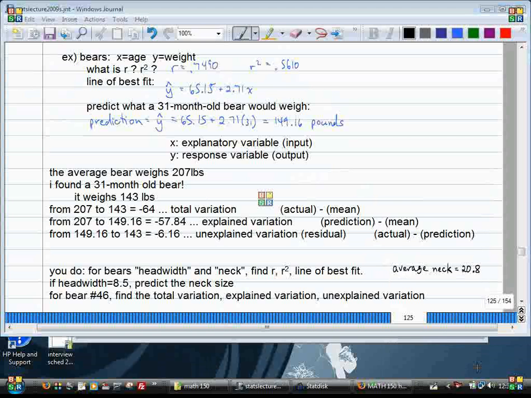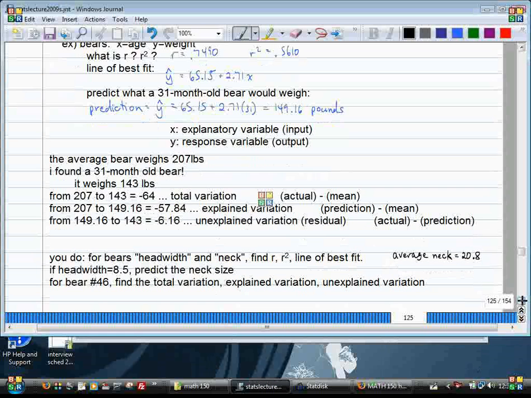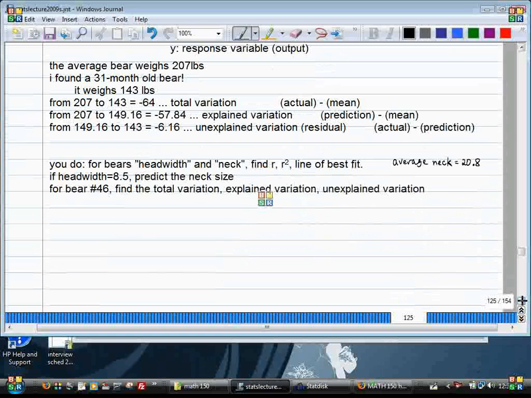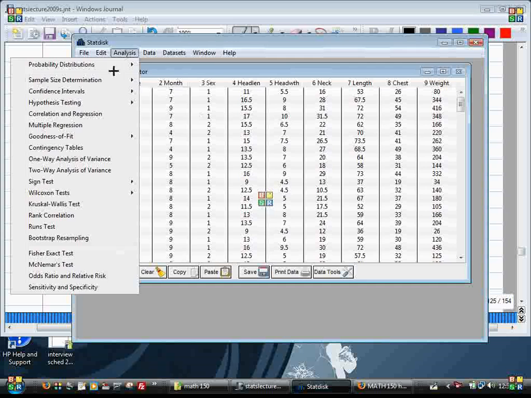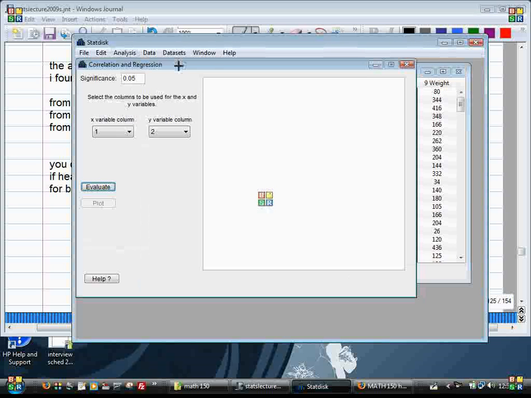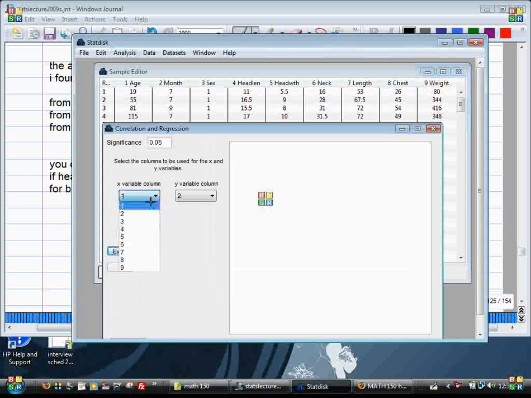Okay, so let's talk about this. How does this go? Okay, right. So you go in and you do analysis, correlation, regression, and which two columns are we doing it on? 5 and 6. And you click evaluate, and there you go.